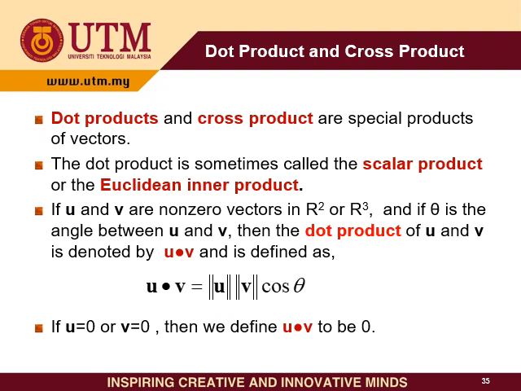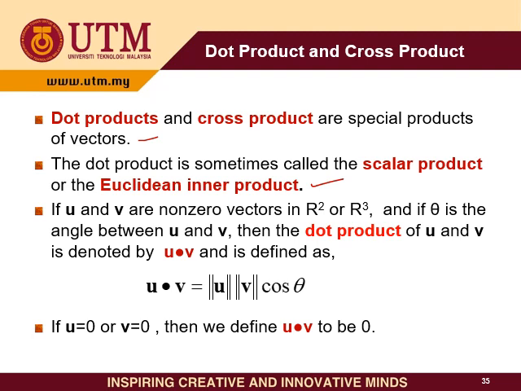Now we're going to discuss the dot product and cross product. These two products are special products of vectors. The dot product is sometimes called the scalar product or the Euclidean inner product.